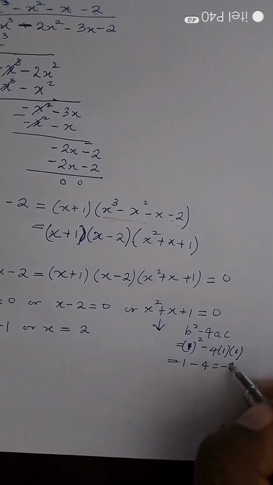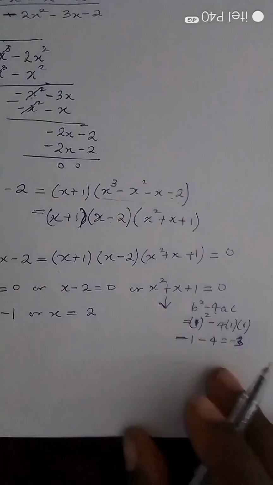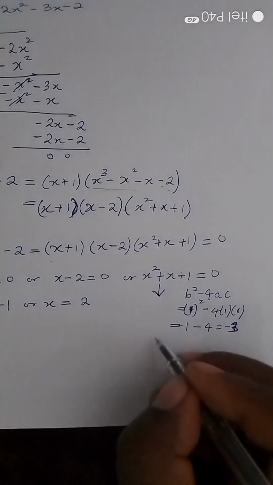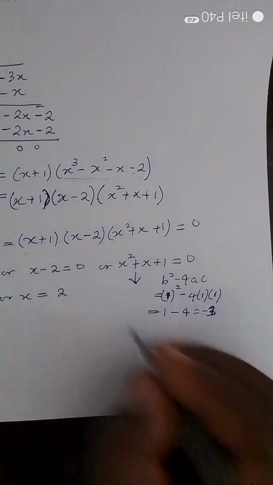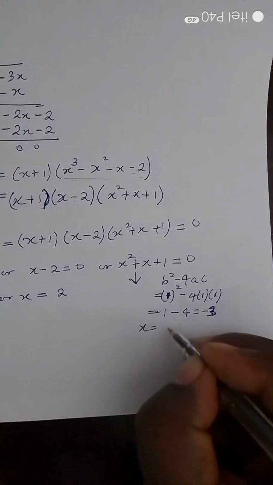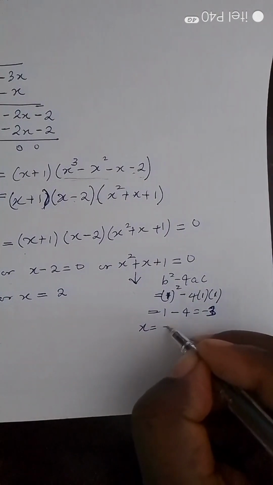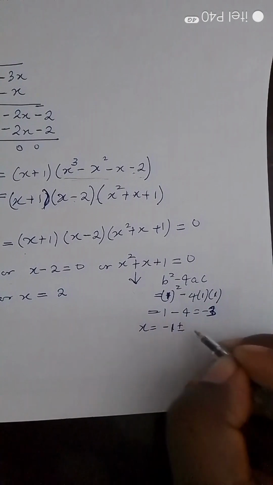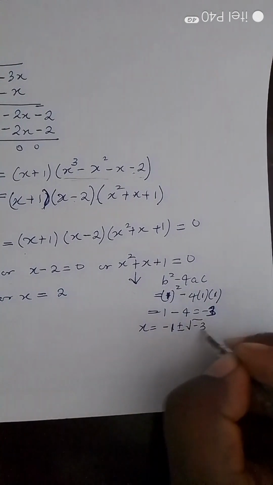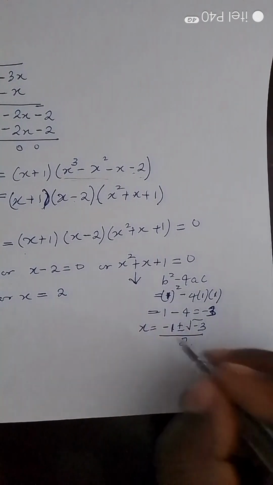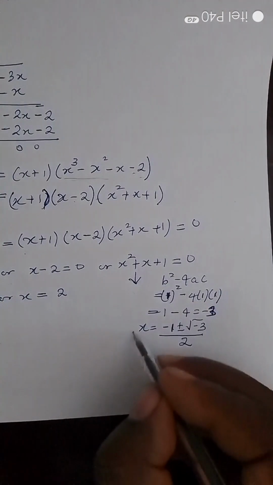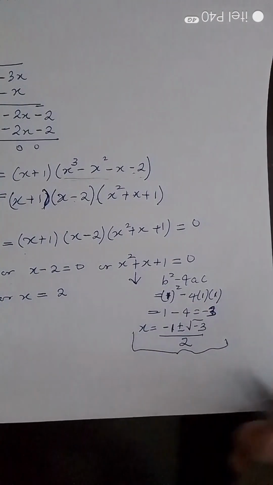So the roots for this will be x equals minus 1 plus or minus square root of minus 3 over 2. So this is not the solution we are looking for.